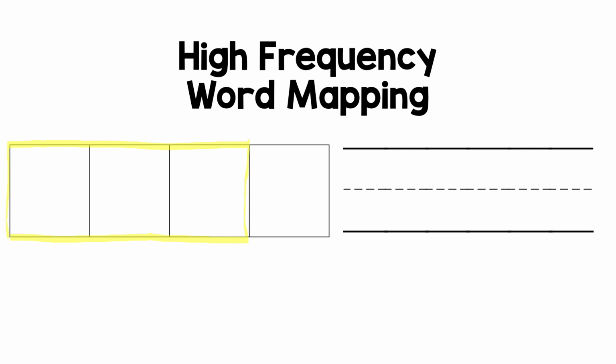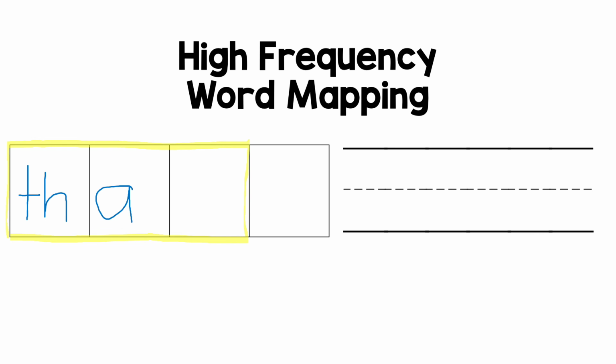Earlier, we learned that the sound /th/ is made with the letters T, H. That's the first sound we hear in that. /th/, /a/. What letter says /a/? Correct. A says /a/. /th/, /a/, /t/.